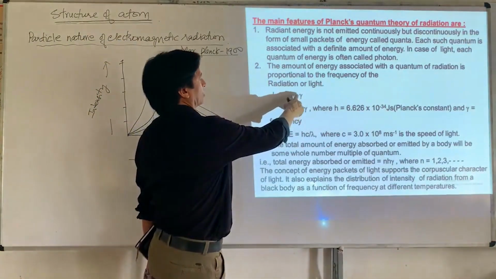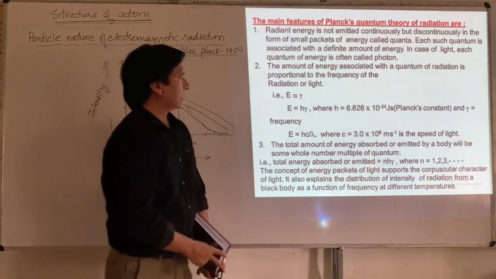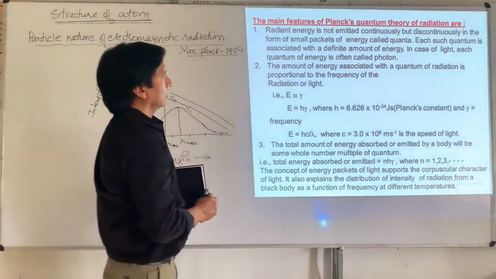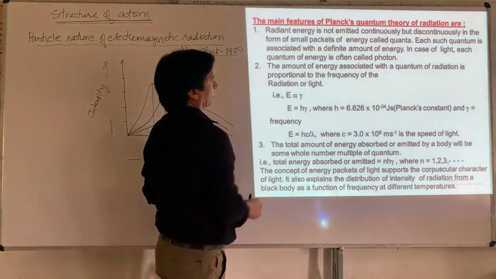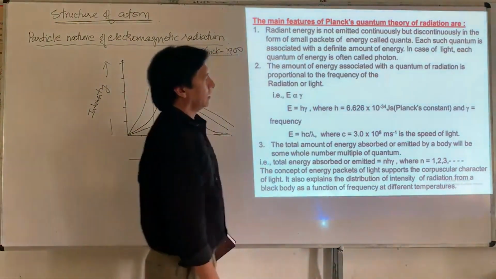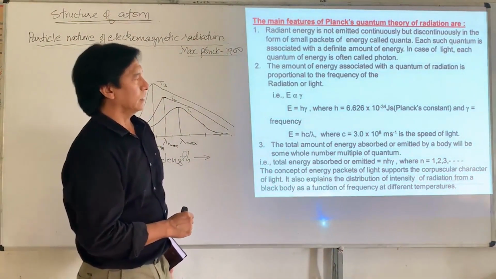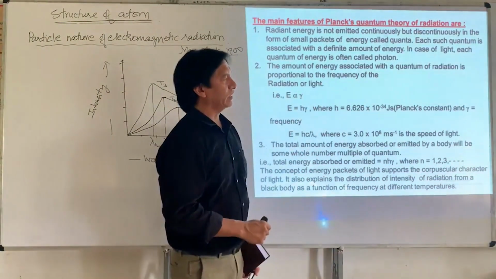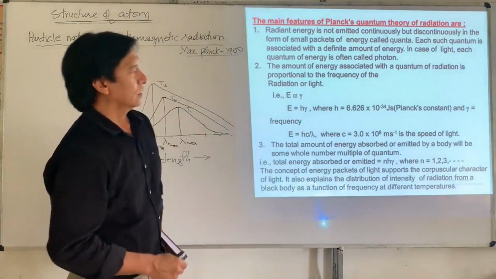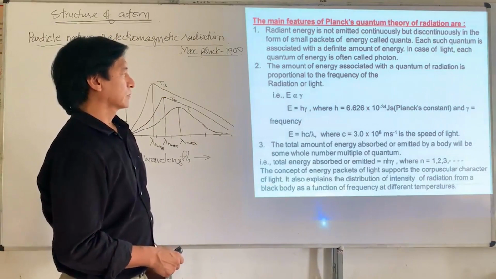So E is proportional to nu, and when you remove the proportionality sign, it becomes E is equal to h nu, small letter h, where h is 6.626 x 10^-34 joule second, and h here is the Planck's constant, and nu is the frequency of the radiation or light.